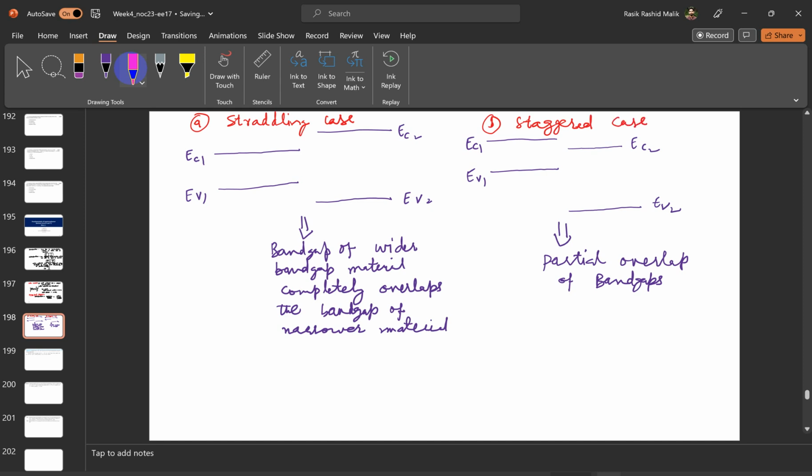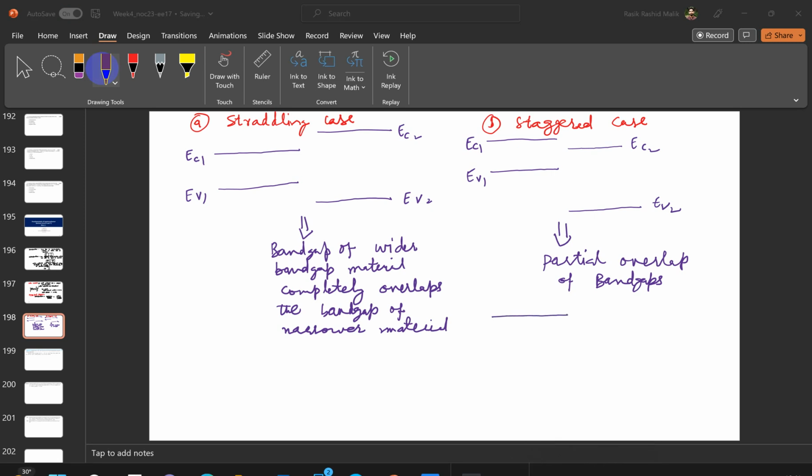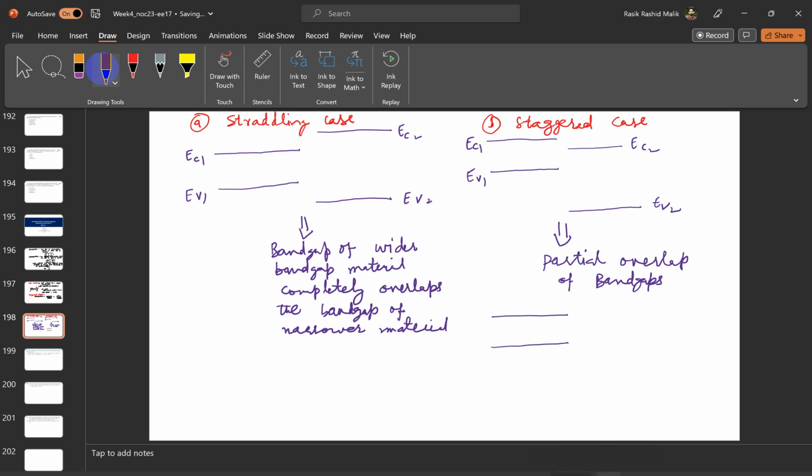And then there is a third case where the band gaps do not overlap at all. Okay, so that is called, let me draw it first, then I will talk about this one. Say this is my narrower band gap material, and then I have a wider band gap material. EC2, EV2, EV1 and EC1.